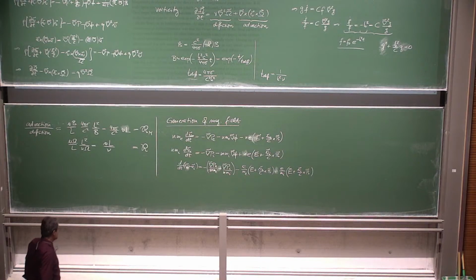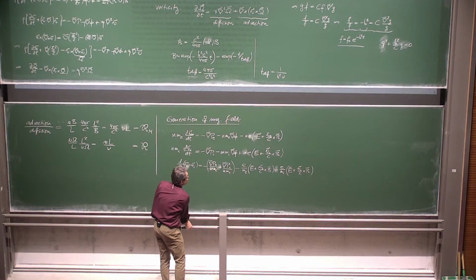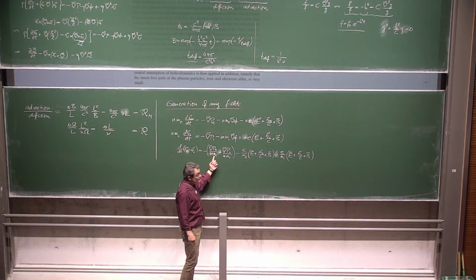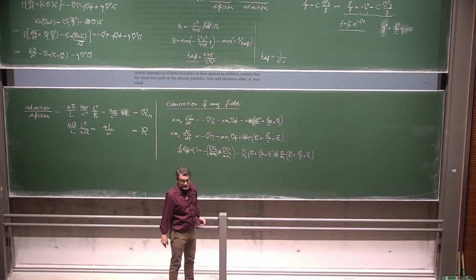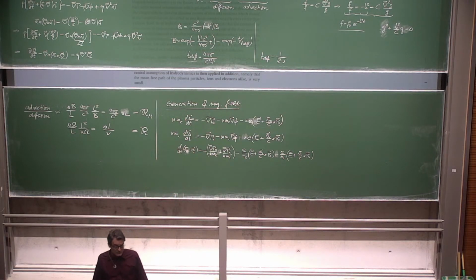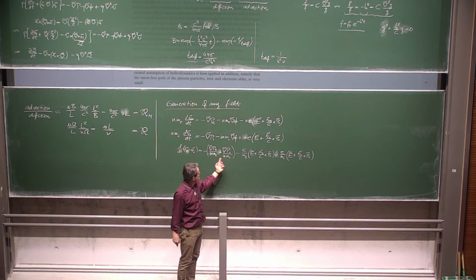But now look at these different terms. This one is divided by m_e. This one is divided by m_i. m_i is at least a factor of 2,000 larger than m_e. So this means that this second term here is of order a factor 2,000 smaller than this term here, if the pressure gradients are similar.